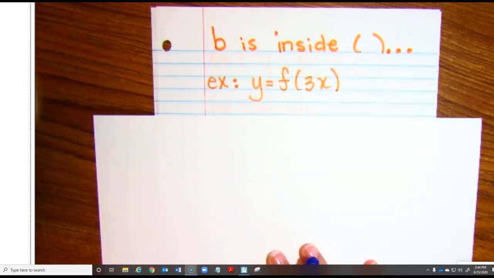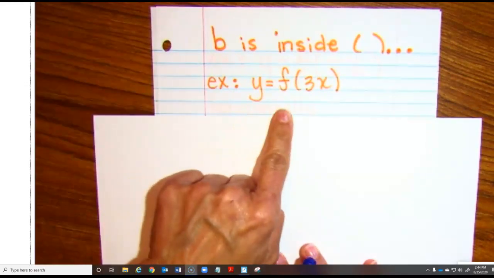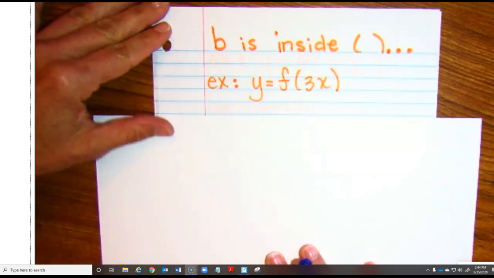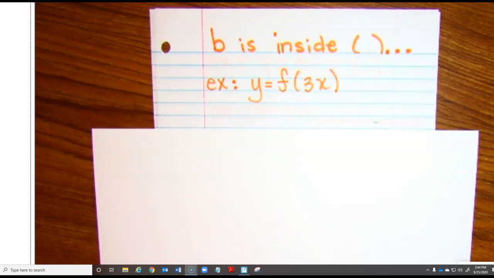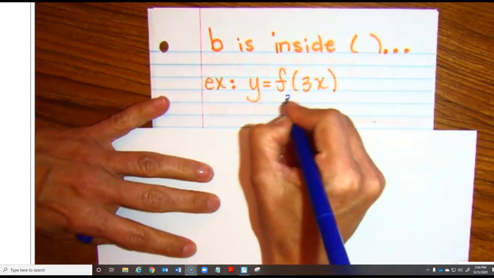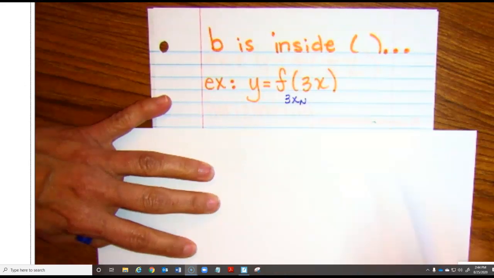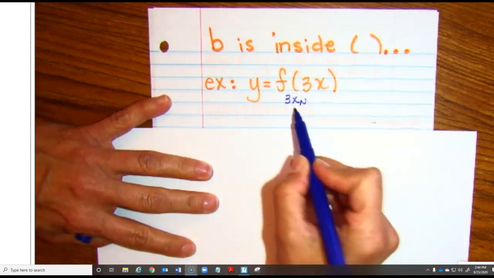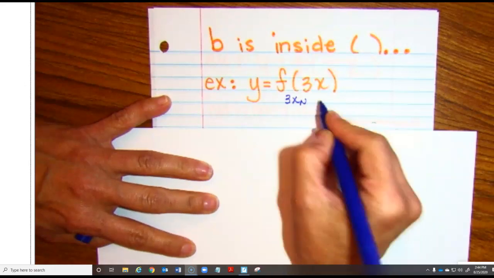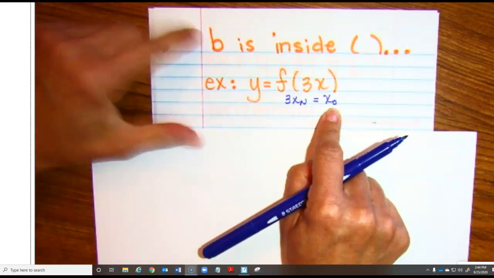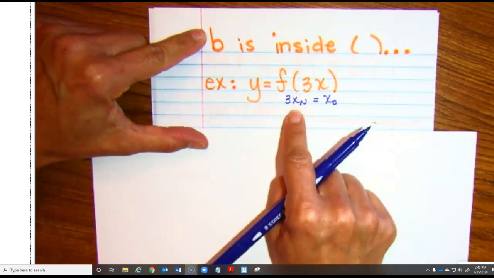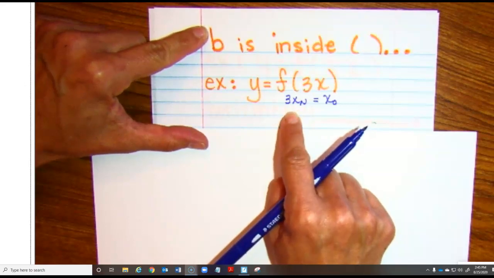Let's take a look at this first example. For this first example, we have y equals f of 3x. Let me grab something to remember. That was the new value, and that's the value that we're looking for. So we have to figure out what it was based on the old value. How would you solve for the new? Remember, this is 3 times x sub n.